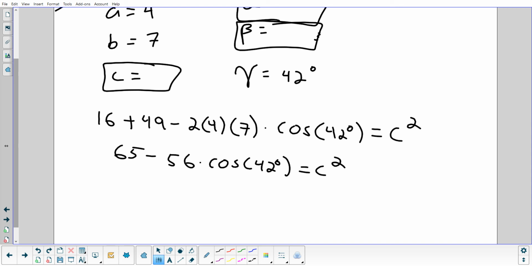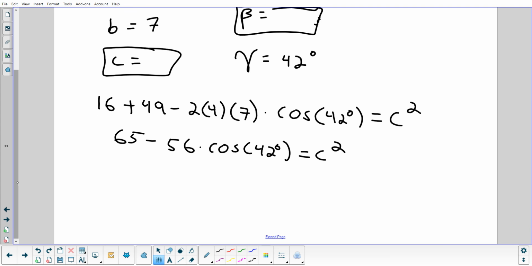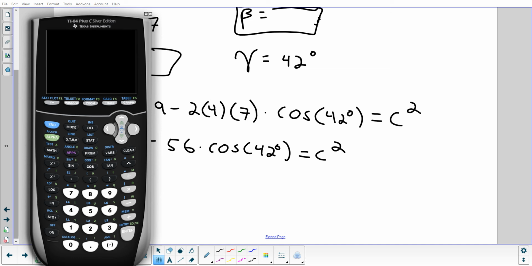Okay, now following order of operations, what would you do next then? You got to do the 56 times the cosine 42. Now this is where I guess you could type all this in at once in your calculator and just do the square root if we wanted to save a step. People okay if I do it that way? All right. And we're also not doing any rounding if you do it that way till the very end.